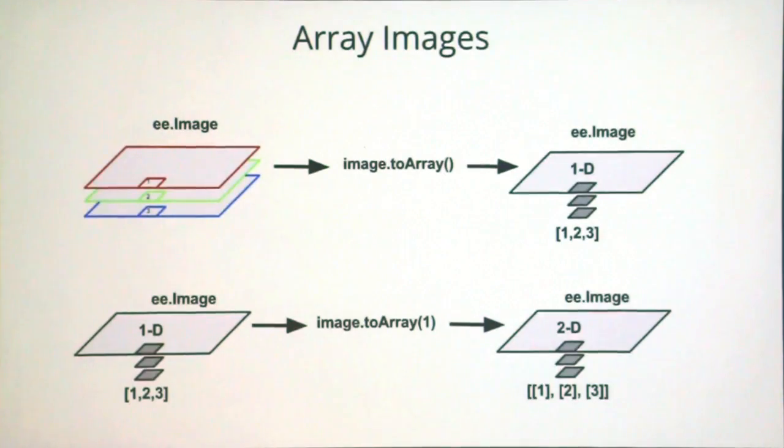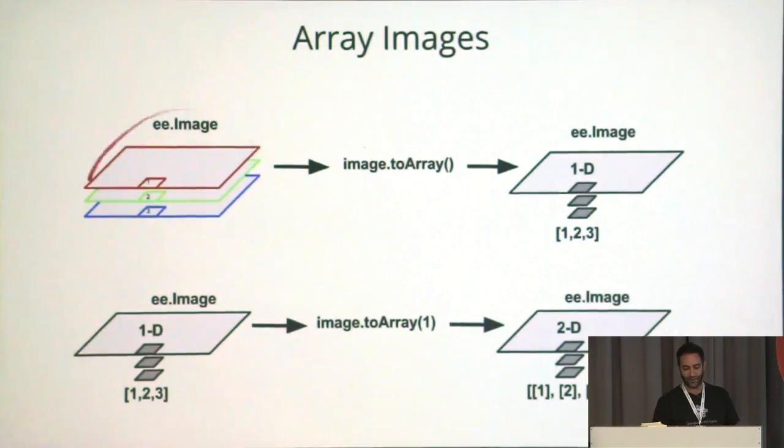By doing that, we got a 6x3 array. To multiply our image, or to do any kind of matrix algebra on our image, we need to turn the image into an array image. So we need to go from a multiband image to an image in which each pixel stores a one-dimensional vector by calling toArray.